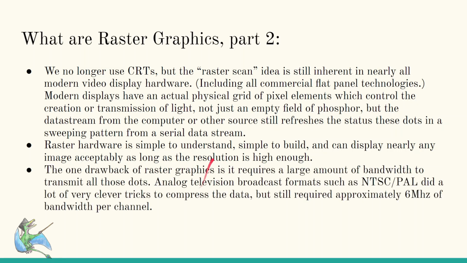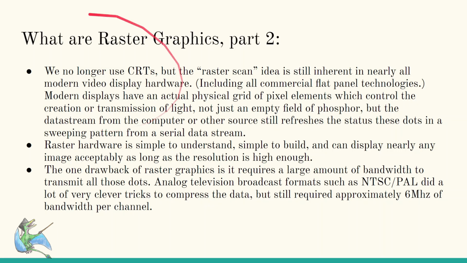Compared to, say, vector technology, where again, you need the ability to have something you can steer around, and you need to be able to do that fast enough that you could actually make a picture that will, look, I'm drawing a circle.